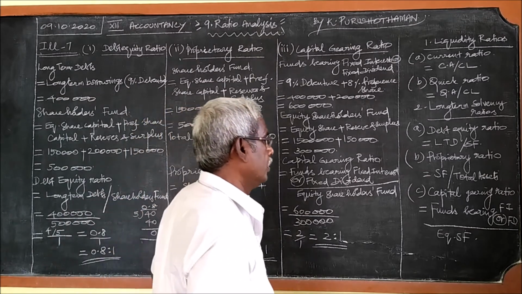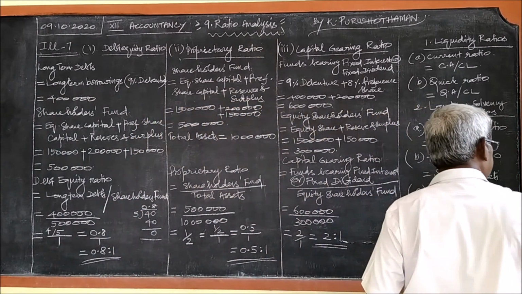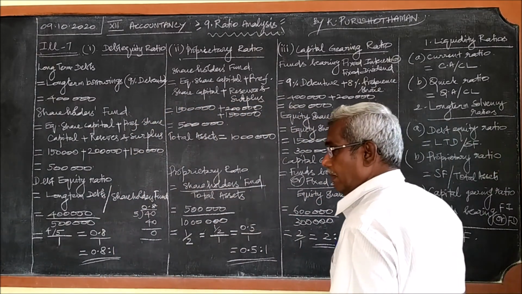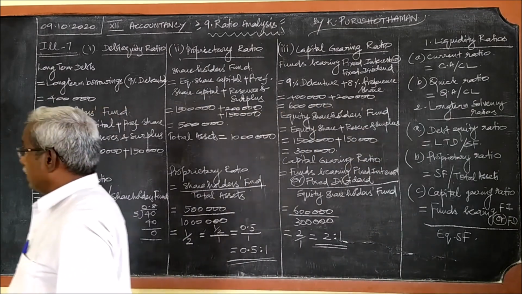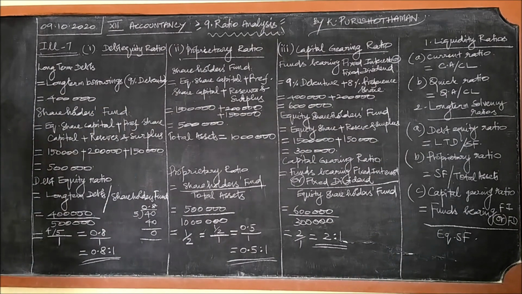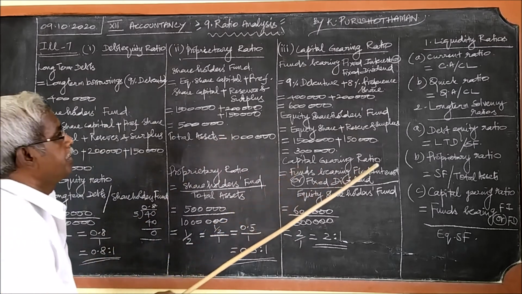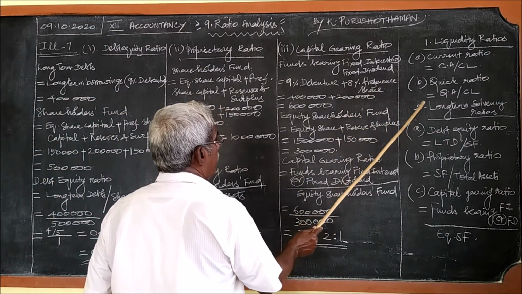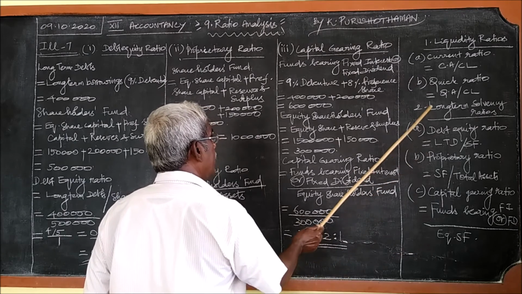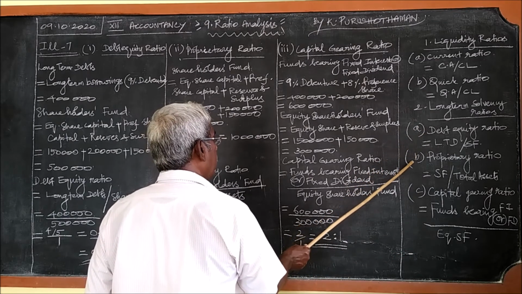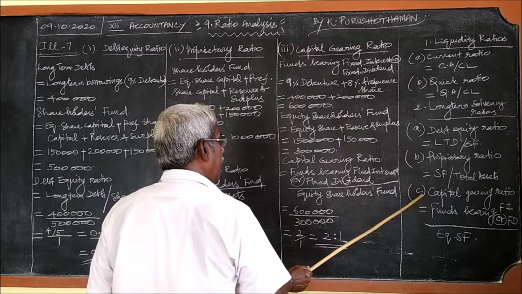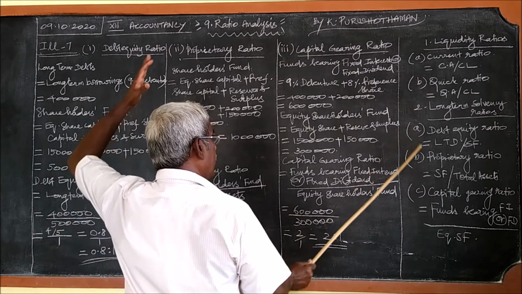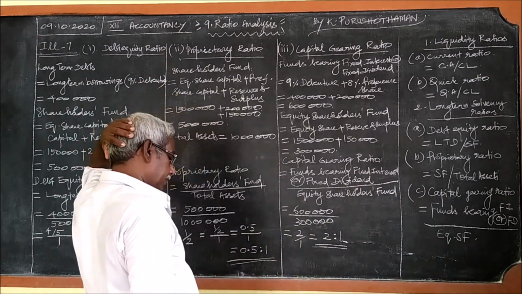From these ratios, what have you learned? This is the second type of ratios. In this there are 3 ratios: debt-equity ratio, proprietary ratio, and the capital gearing ratio. These are the 3 items.